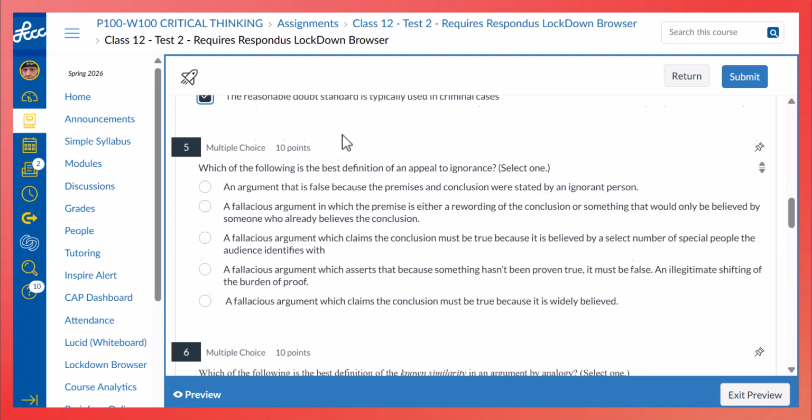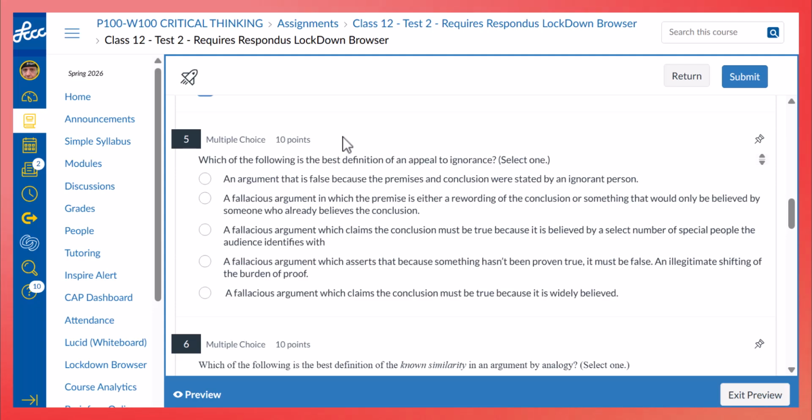So one of the fallacies associated with presumption and standards of evidence and that sort of thing is appeal to ignorance. So here we need to find the correct answer. I'm going to hurry along here. We can rule out ones like the fallacious argument which claims the conclusion must be true because it's widely believed. That's an entirely different fallacy.